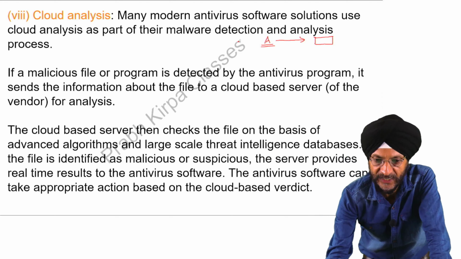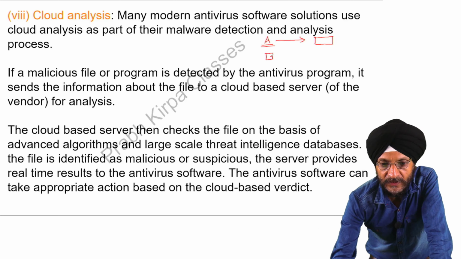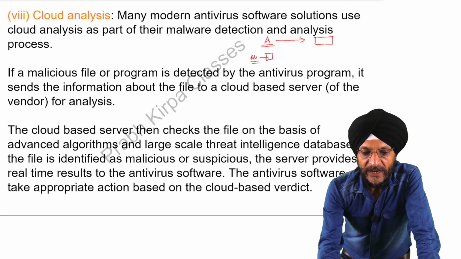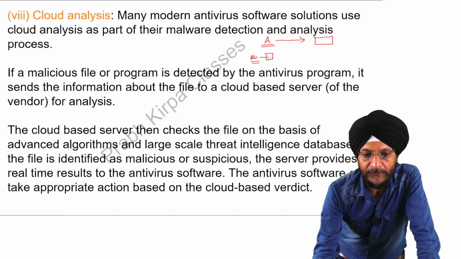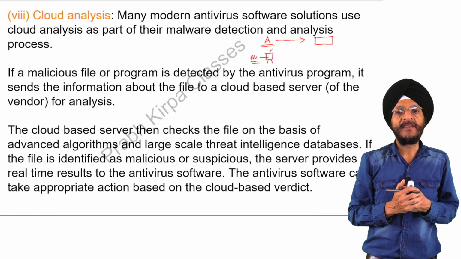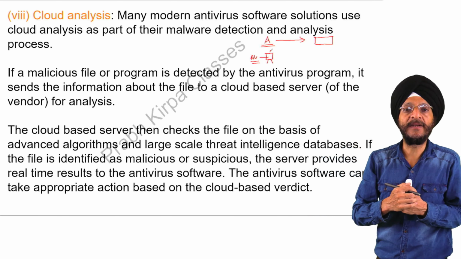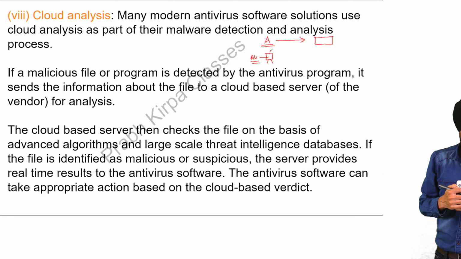We have purchased the antivirus software. This is our computer system, and the antivirus software is installed in it. And when our computer system is running, the antivirus software detects that there is some suspicious file or some virus that may be present in our computer system.